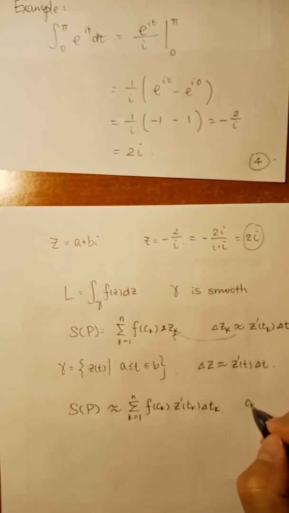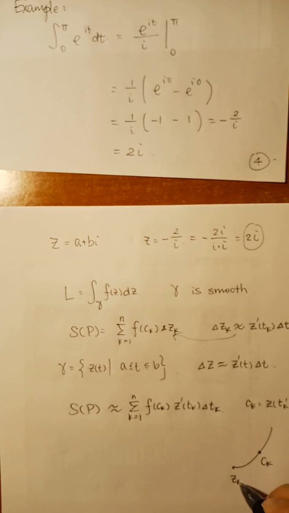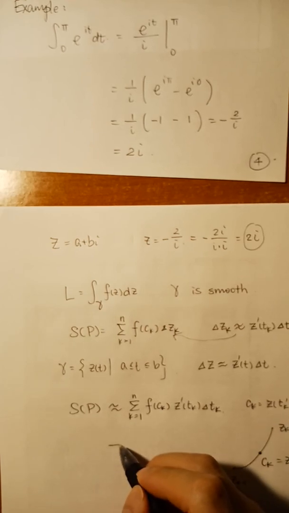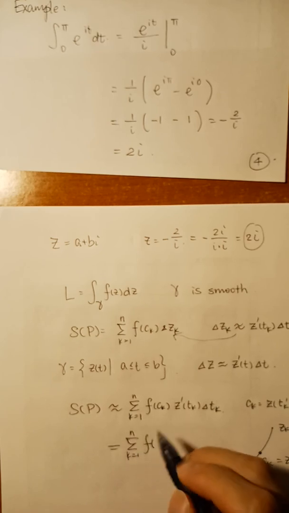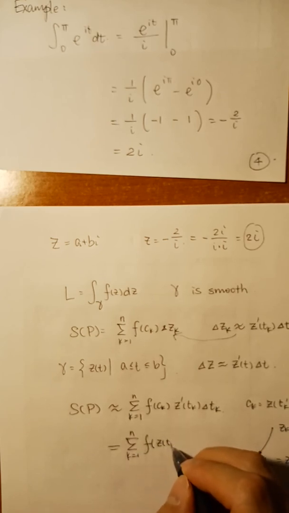So c_k could be z of t_k prime, a point between z_{k-1} and z_k. Continuing, it is equal to f of z of t_k prime, times z prime of t_k, times delta t_k.